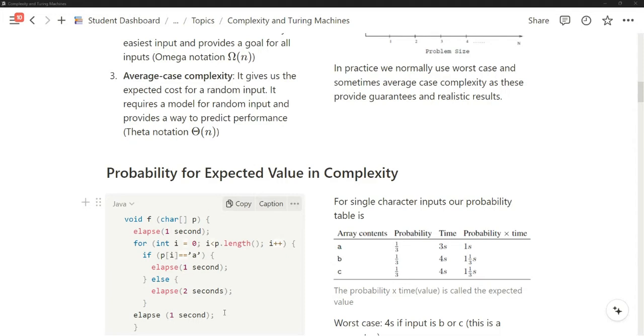Can anyone tell me, going through a single character, what is the maximum time the program can take if the input has length one?